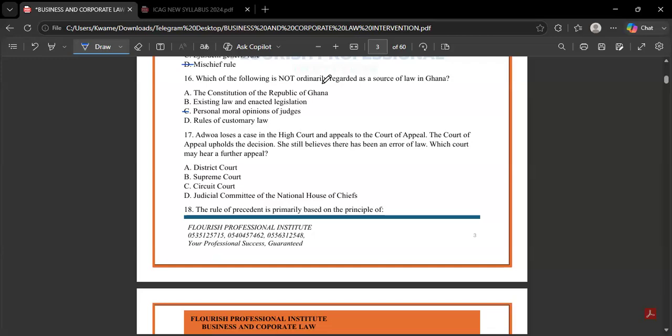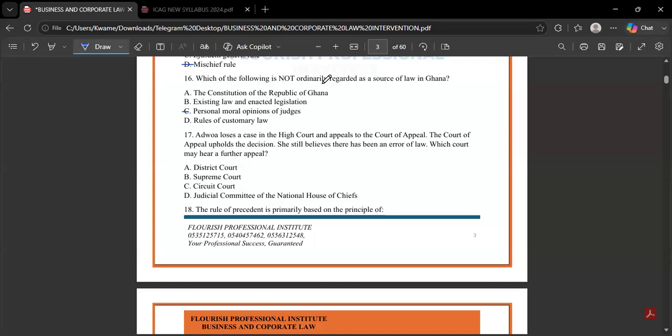Some personal insights would play a role in arriving at the final sentence. You can't remove it from that. They're supposed to be objective, but as they are human beings, an aspect of their personal moral opinions will play a role. So that's why I said not ordinarily.